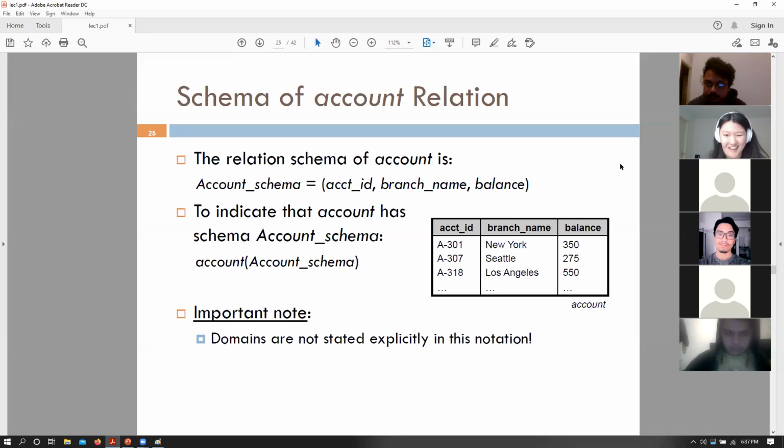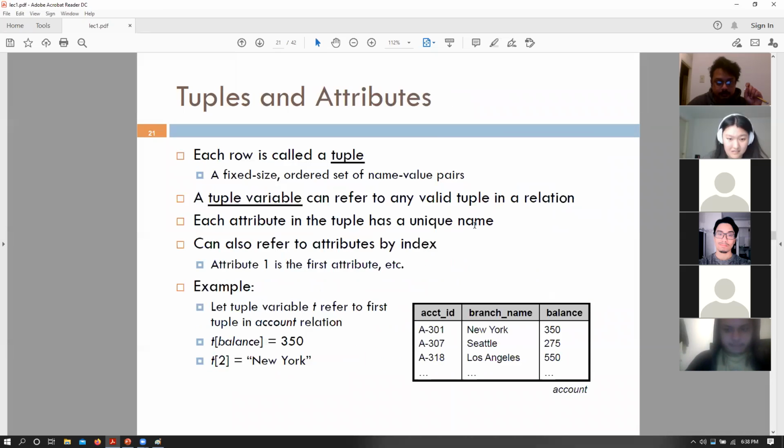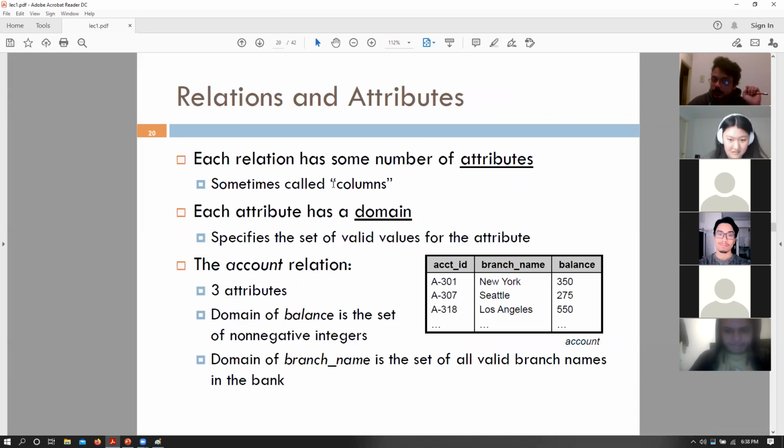Where is account coming from? Okay, so attribute is the column, not the row, my bad, I heard you incorrectly. So attribute is the column of data that we are talking about.